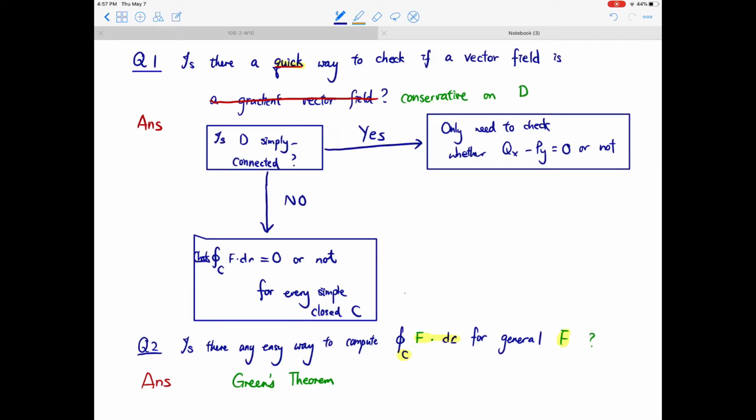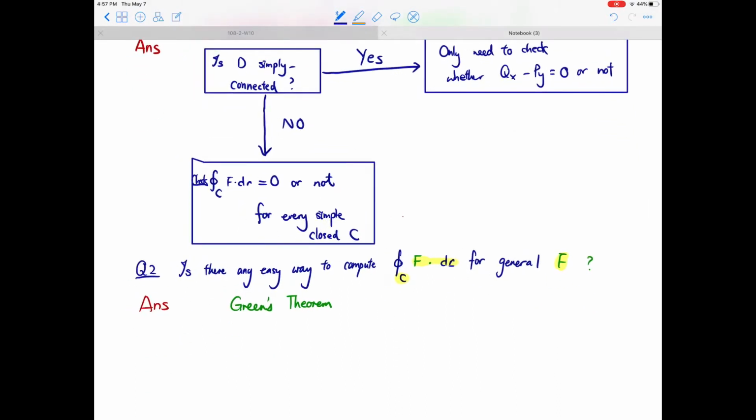So if you discover one of such line integrals is not 0, then you conclude that it's not conservative. The other question was, is there any easy way to compute line integral for a general vector field?